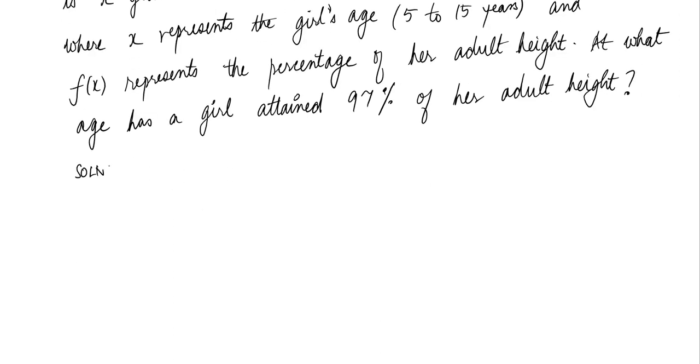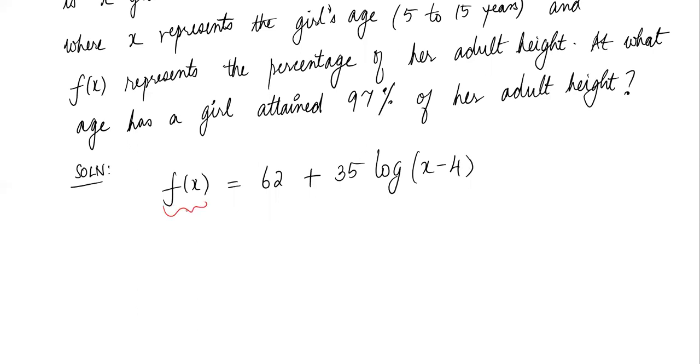So let's first write the given function. f of x is 62 plus 35 log x minus 4. And quickly recall what this stood for, right? This is the percentage of adult height. This x represents girl's age. Okay. So saying at what age has a girl attained 97% of her adult height?